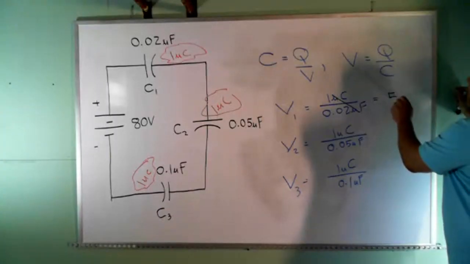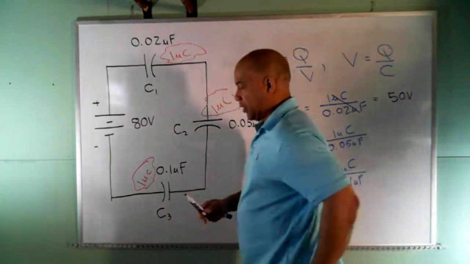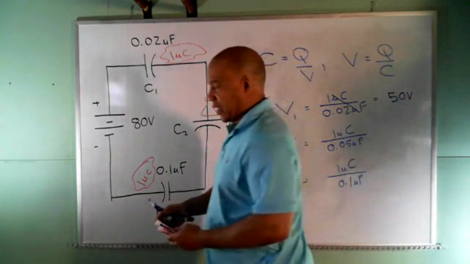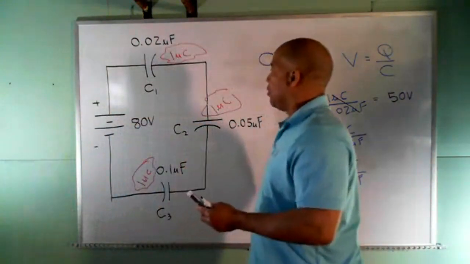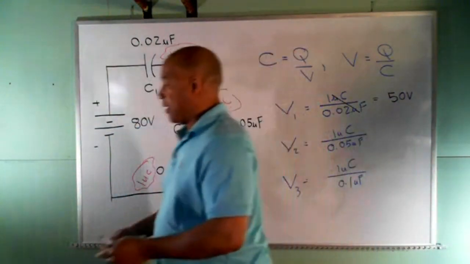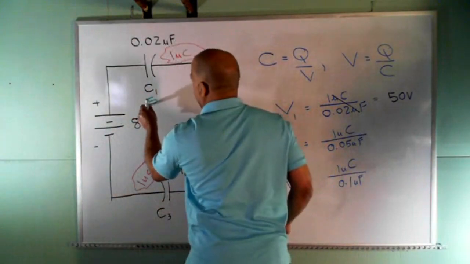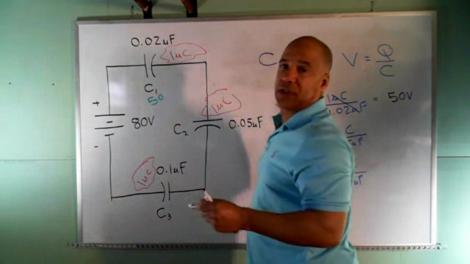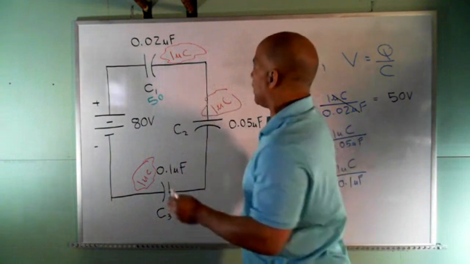So I got 50. So what you want to do, just like you did when you had resistors, I asked you guys to get coloring pencils. So on your homework paper, what you're going to submit to me, you put your 50 volts right here. Now try to use coloring pencils, because if you save this as a PDF, I can actually see the colors and it's easier for me to grade.